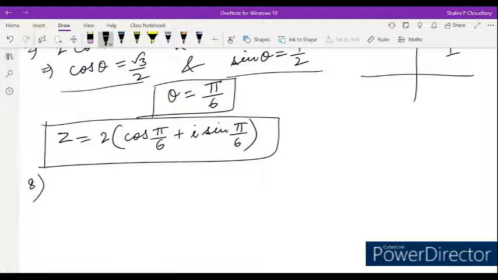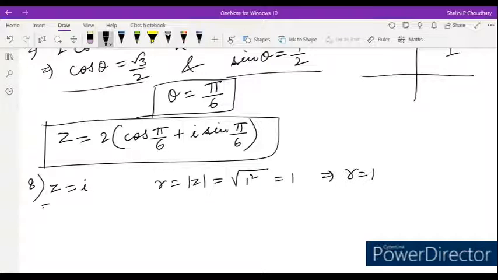Now next question, that is z is equal to i. Okay, so r will be equal to modulus of z, that is equal to square root of 1 का square, that is 1. It means r is equal to 1 and z is equal to i का मतलब we can write 0 plus i. Okay, so r cos theta is equal to 0 and r sin theta is equal to 1.